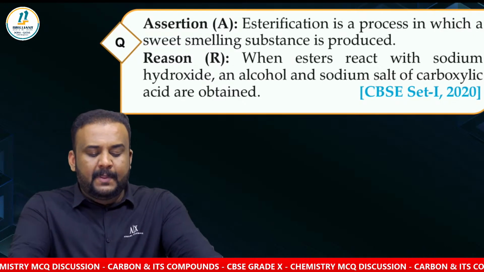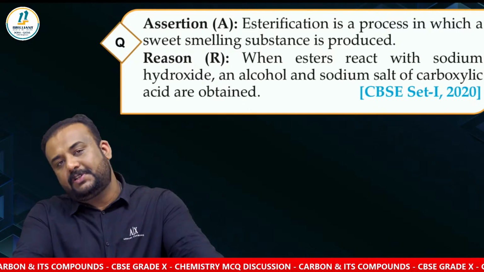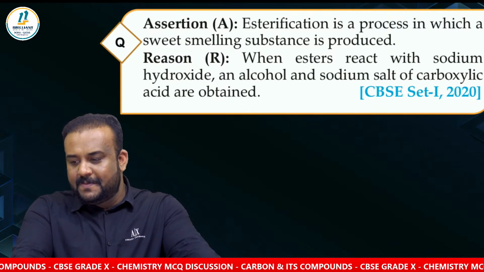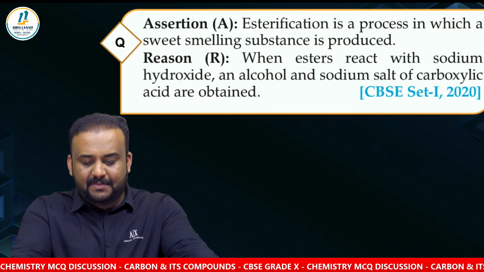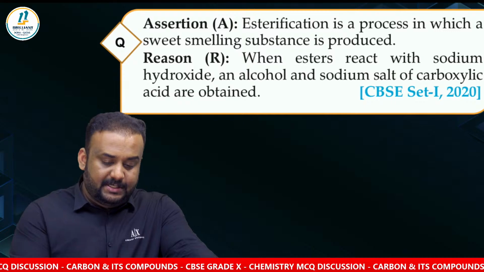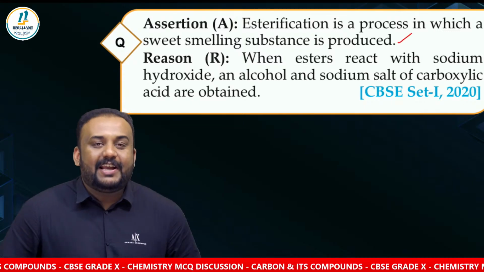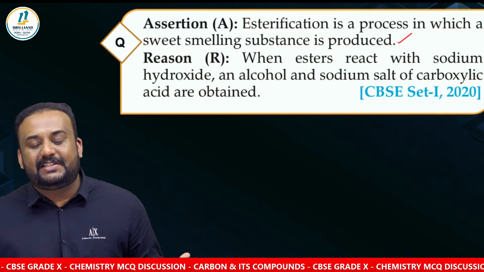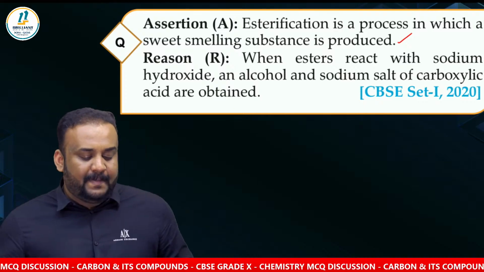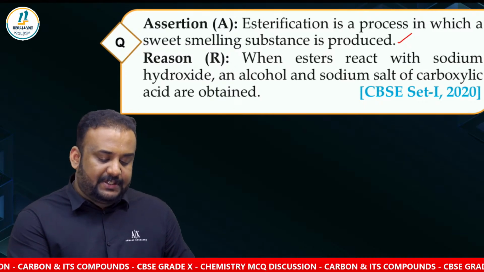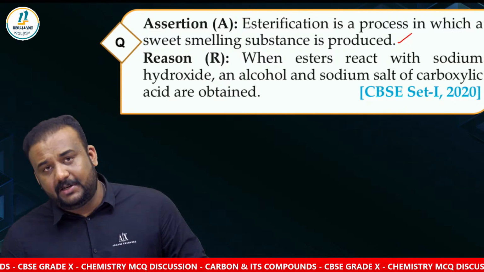Next one. Esterification is a process in which a sweet smelling substance is produced. Is that true? Yes, Rahul is saying it is true. Okay, let's take it as true, because esterification is the process where a sweet smelling substance called ester is produced from carboxylic acid and alcohol. The reason given: when esters react with sodium hydroxide, an alcohol and a sodium salt of carboxylic acid are obtained.